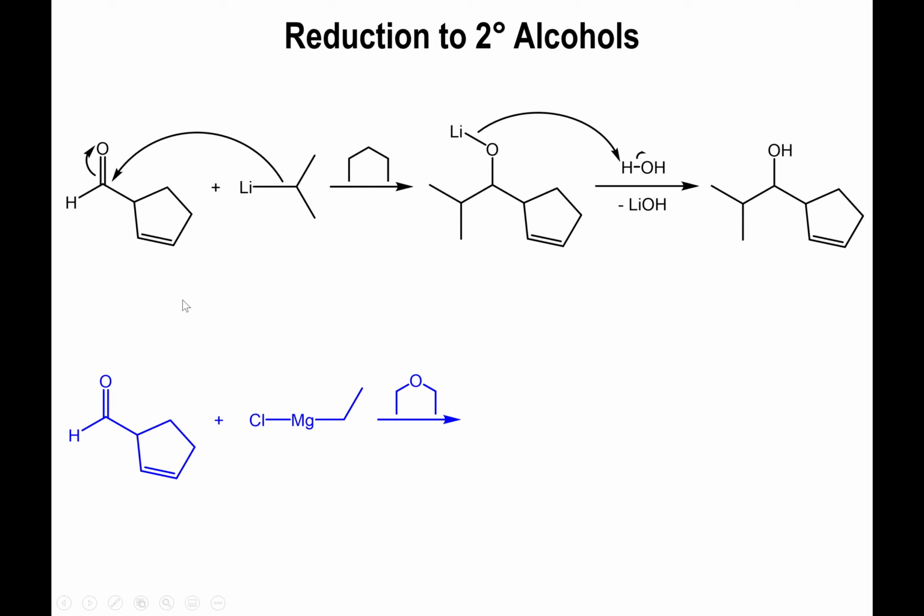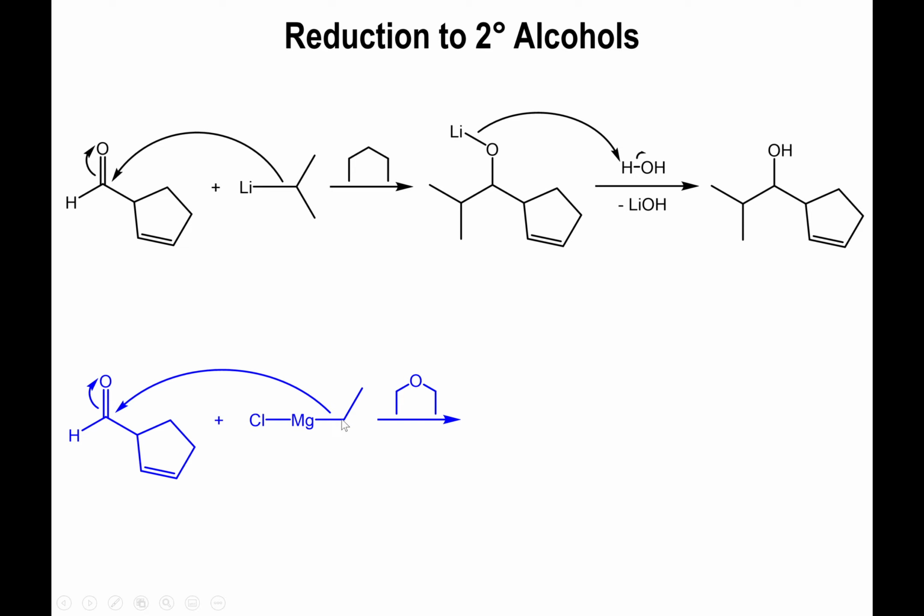So those are things that could happen, but the Grignard doesn't have those problems. And typically when we chemists want to do this type of reaction, turn your aldehyde to a secondary alcohol, the Grignard reagent is usually the thing we go for.